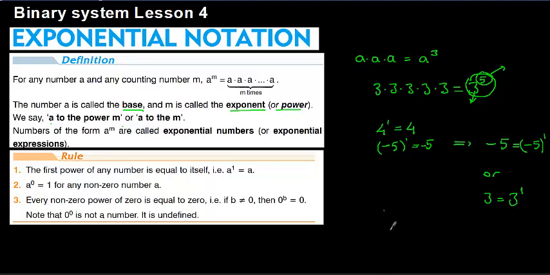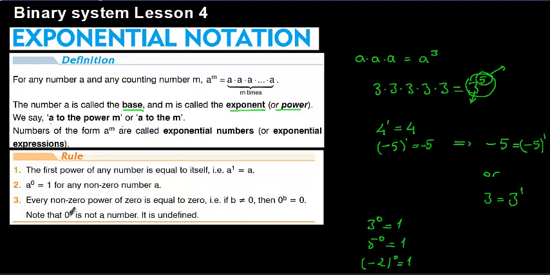Then the second rule is a number to the power of 0, except 0, is equal to 1. 3 to the power of 0 is equal to 1, 5 to the power of 0 is equal to 1, minus 2 to the power of 0 is equal to 1. The last one is 0 to the power of a number is equal to 0.